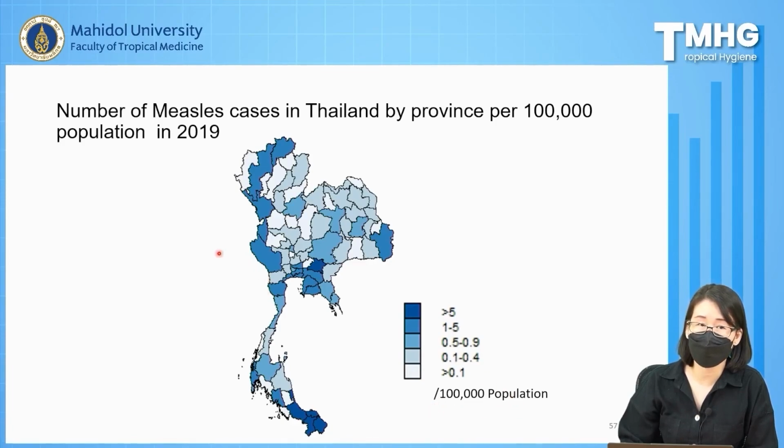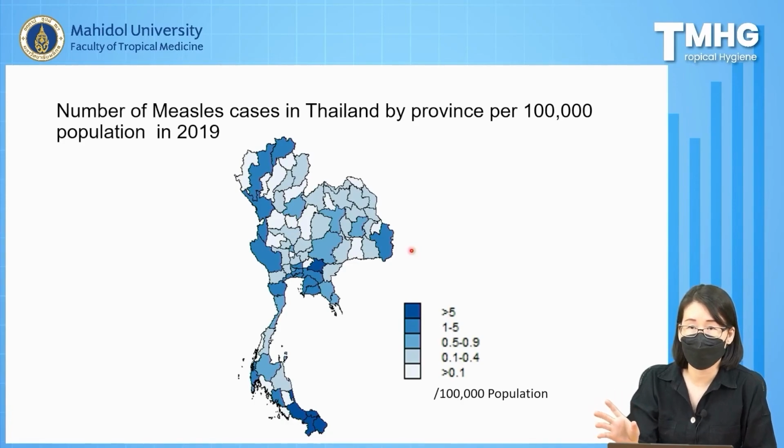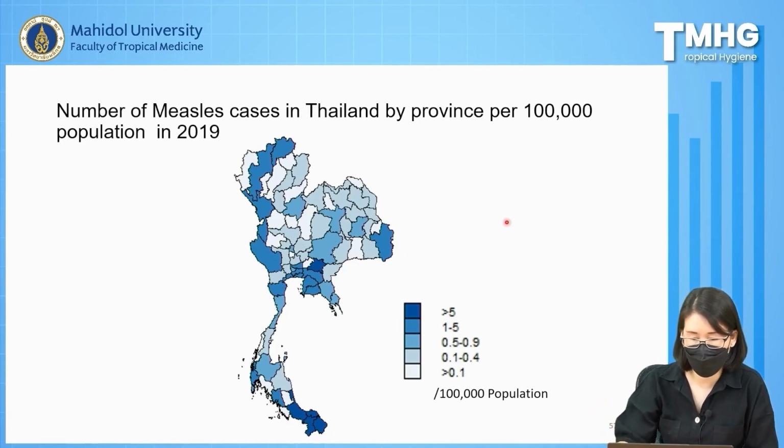Density means that you make it density, not just magnitude, not just frequency, but you divide by the population. So a province that has a small population can have a high density, right, even if they have the same number of cases as a province with many population.